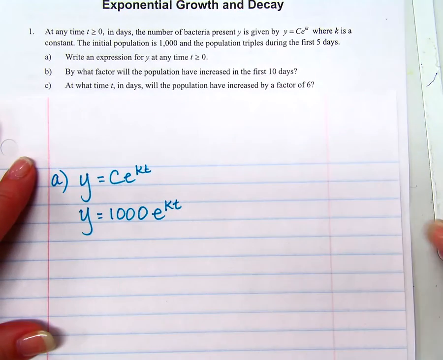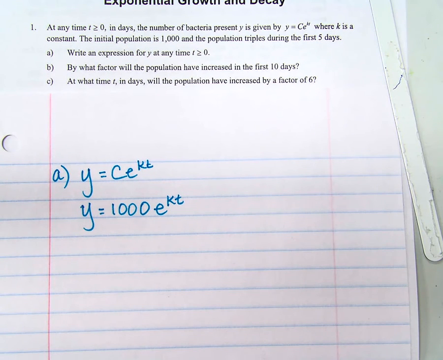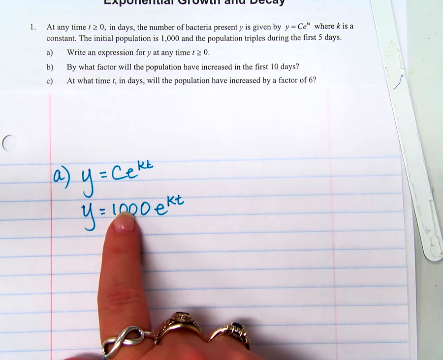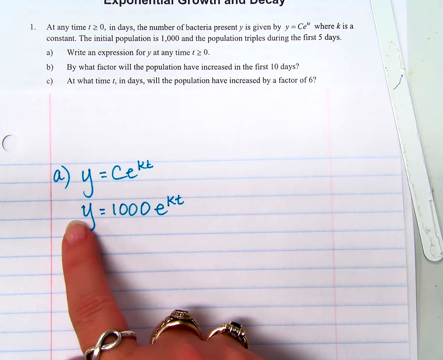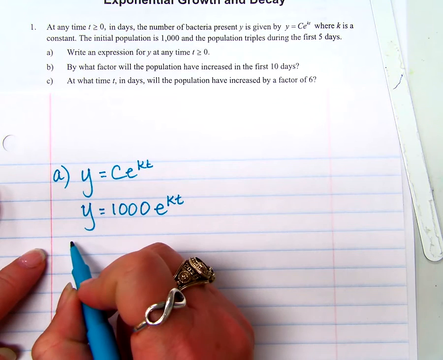What else does it tell us? It triples in the first 5 days. How can we use that? If this is our initial value, what is this usually? It's our ending value. So what could I put in right here?